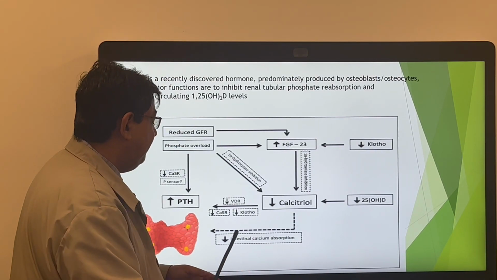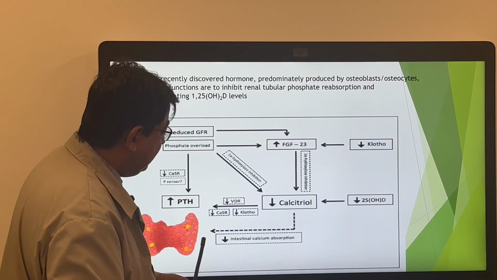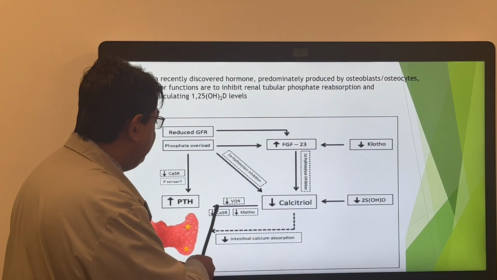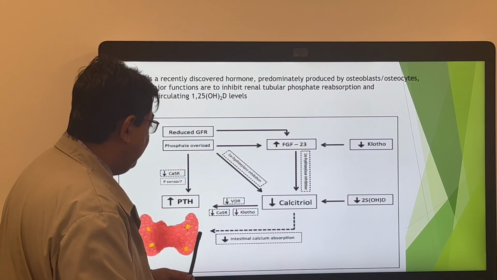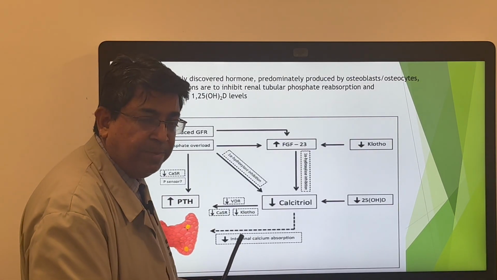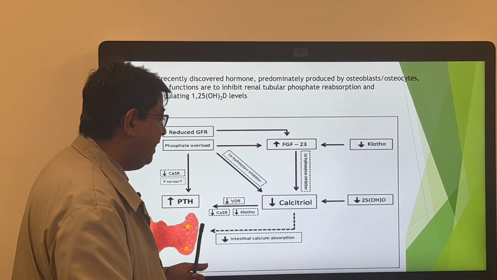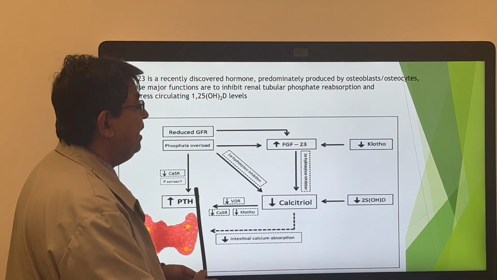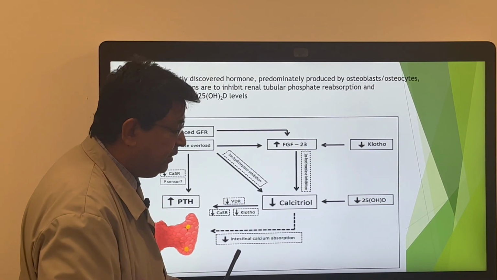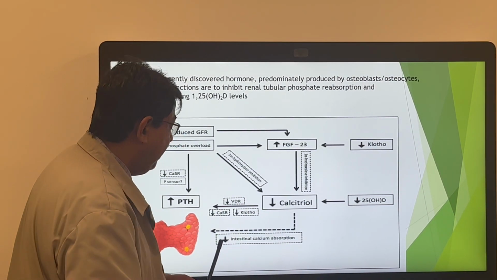Decreased calcitriol will decrease intestinal calcium absorption and will also decrease stimulation of the calcium sensing receptor, leading to hyperparathyroidism. And this is secondary hyperparathyroidism because it is secondary to vitamin D deficiency and secondary to hypocalcemia.